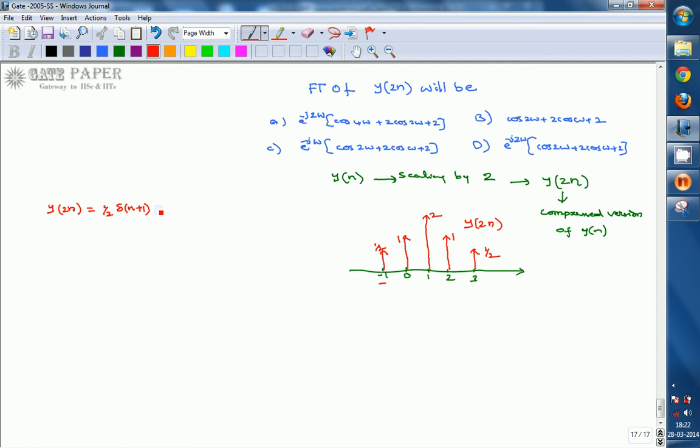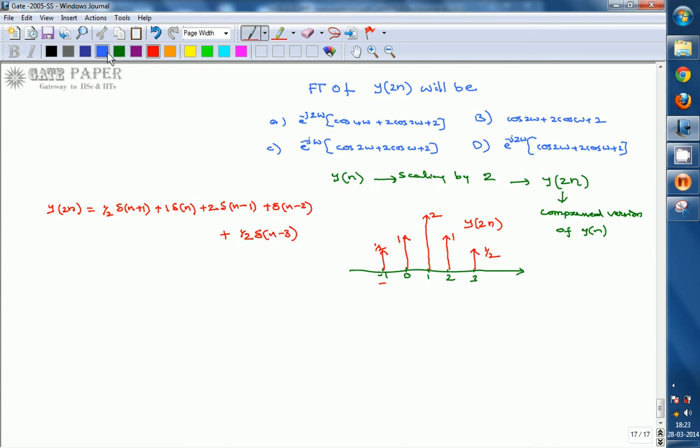At the 0th position the amplitude is 1, so 1 into del of n. At the first position the amplitude is 2, so del of n minus 1. At the second position the amplitude is 1, that is del of n minus 2, plus at the third position 1 by 2 into del of n minus 3.